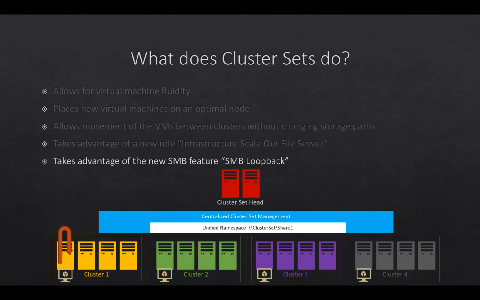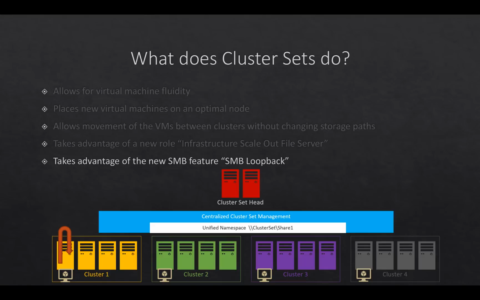Something that we've also done with cluster sets is, whenever you deploy a virtual machine to a local drive, there's a certain set of ACLs that'll be there. If you're deploying the virtual machine and your storage is sitting on a network path, there's a different set of ACLs that's used.